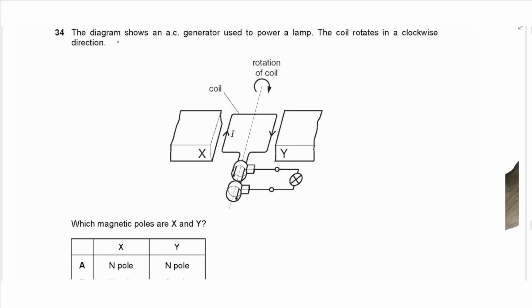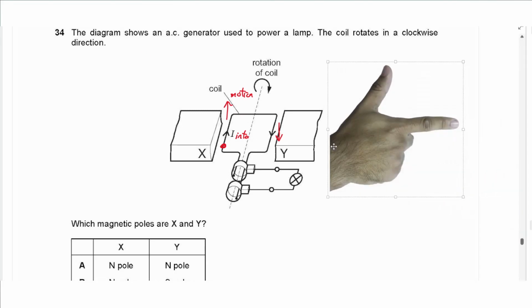Question 34 says the diagram shows an AC generator used to power a lamp. The coil rotates in a clockwise direction, which means this part goes up and this part goes down. Which magnetic poles are X and Y? So we need to use the right hand rule, knowing the direction of motion. For example, on this part of the generator, the current is going into the page and the motion is upwards, which means the magnetic field is either to the right or to the left.